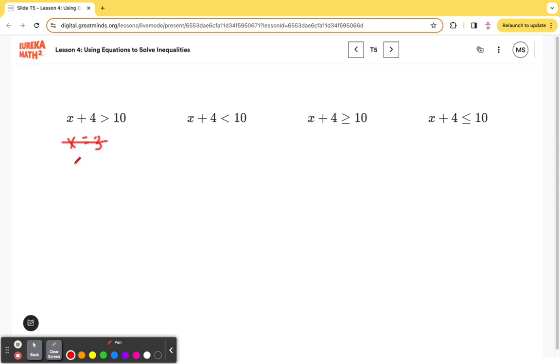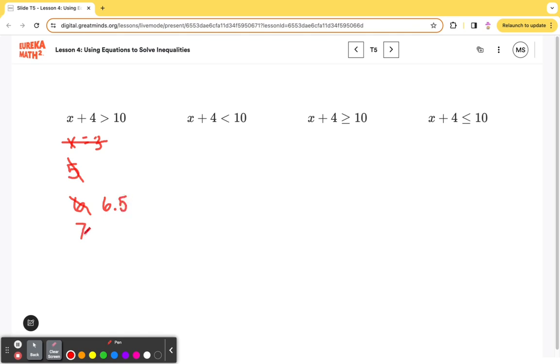So what about 5? Could x be 5? Well, 5 plus 4 is 9, so no. So we're looking at numbers that could be greater than 10. Could it be 6? 6 plus 4 is 10, not greater than 10. So we're looking at all the numbers above that, right? We could say 6.5, right? 6.5 plus 4 is 10.5.